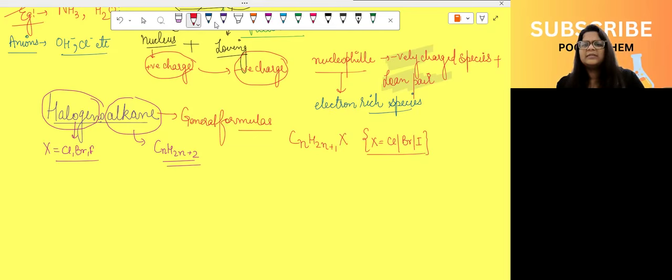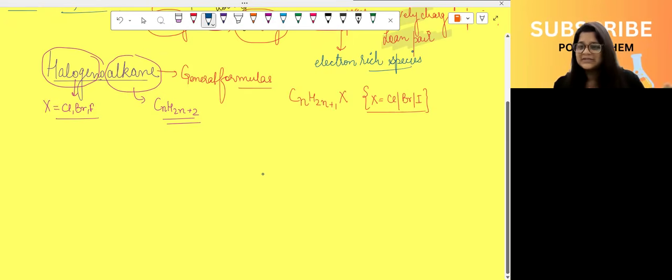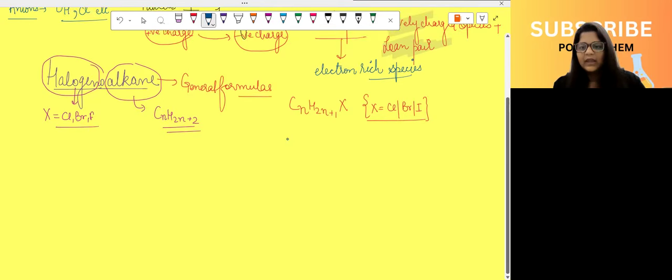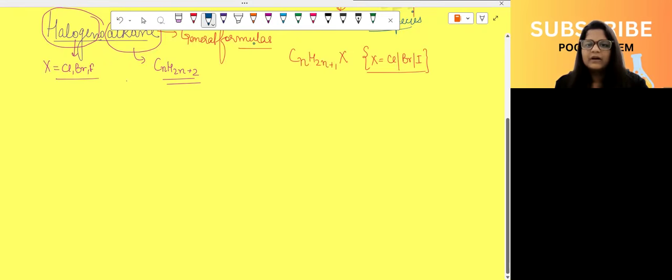Fluorine can also be there. Fluorine is also a halogen. Astatine is also a halogen. Astatine is very far down, it's very less reactive. Group 17, if you remember, down the group reactivity decreases, right?